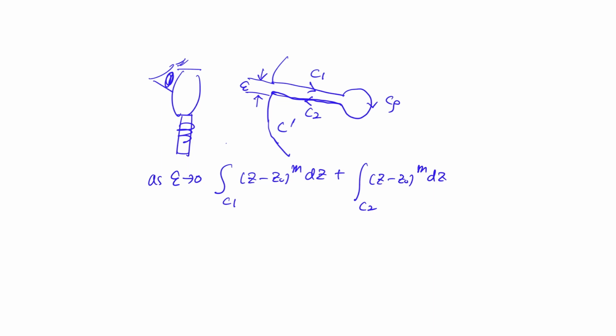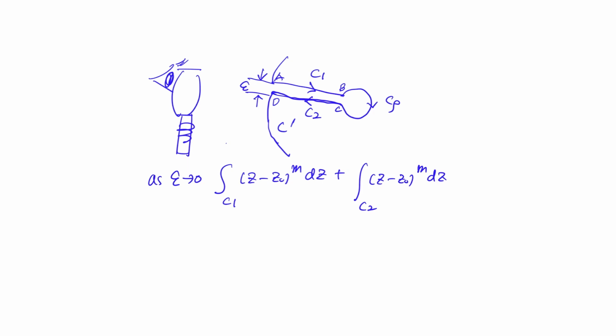C1 is going from here to here. So let's say I'm going to put A, B, C, D. The C1 is going from A to B, right?